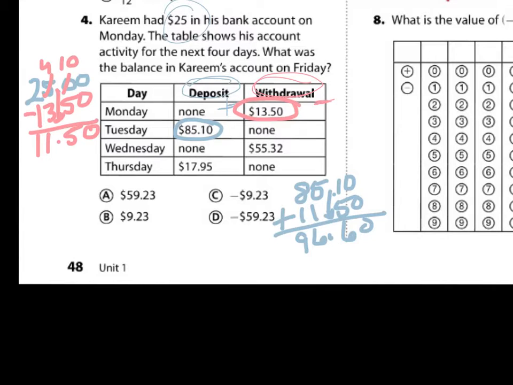Now he has $96.60. Okay, well, look at Wednesday. What happened? Did he add or subtract money from his account? It was a withdrawal. He subtracted. So you'll need to do $96.60 minus $55.32. And then look at Thursday. Your teacher's going to pause this and let you go ahead and finish this problem so you can answer it.